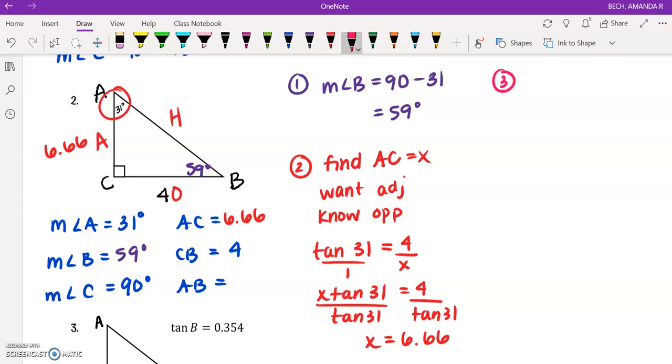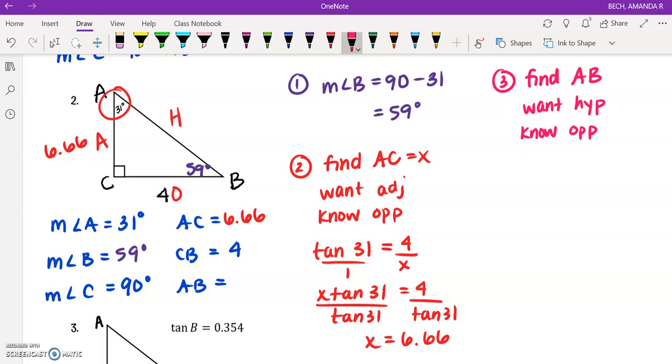The last thing we have to do is find AB. We could use Pythagorean theorem, but we would be using a rounded value of the side length of AC. So rather than do that, I'm just going to go back to using a trig ratio again. AB is the hypotenuse, so we want to know the hypotenuse. We already do know the opposite side.